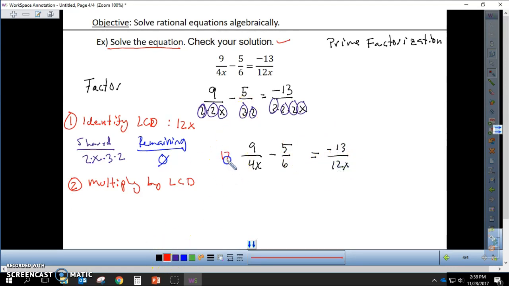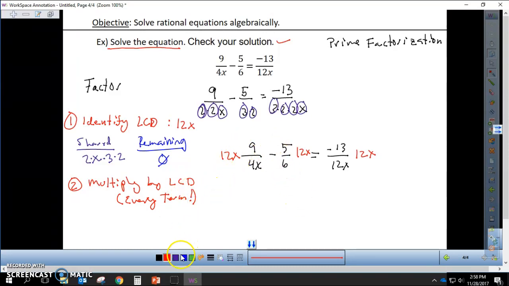Now I'm going to multiply by 12x, 12x, 12x. And I really want to emphasize this. This is different than the types of problems that you saw in the last lesson, where here now I have multiple terms. I have 3 terms here. I don't have just a left side and a right side. You need to multiply every single term, and I'm going to emphasize this. I'll put this: every term.